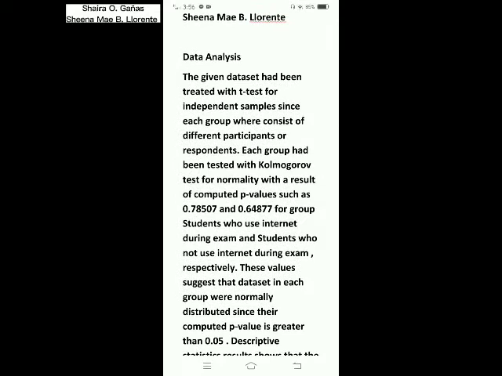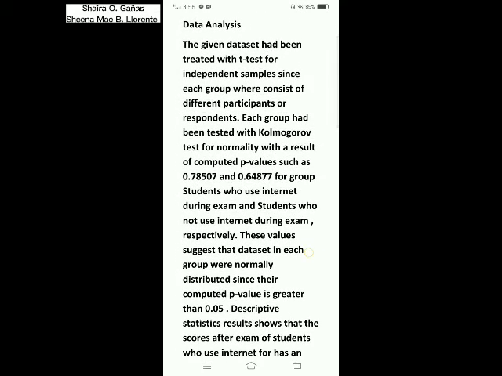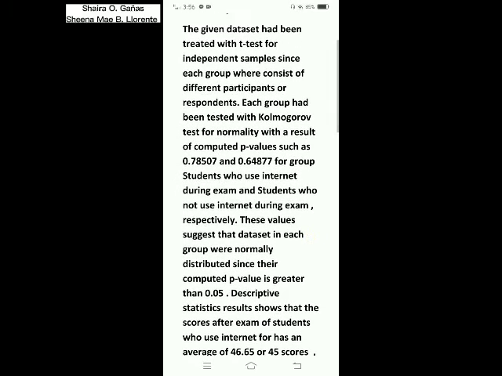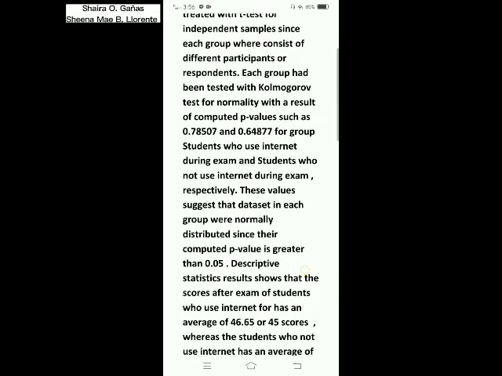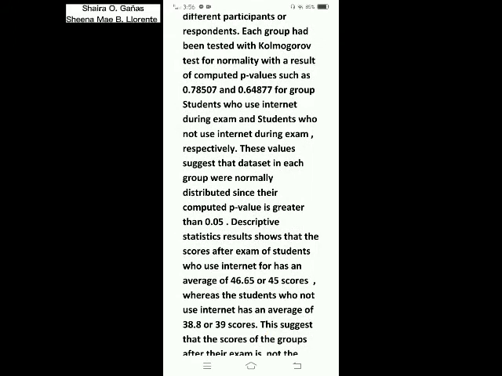These values suggest that datasets in each group were normally distributed, since their computed p-value is greater than 0.05.